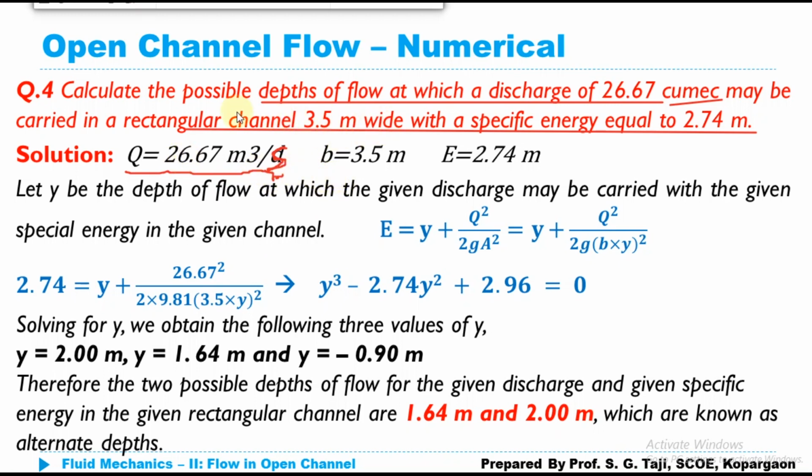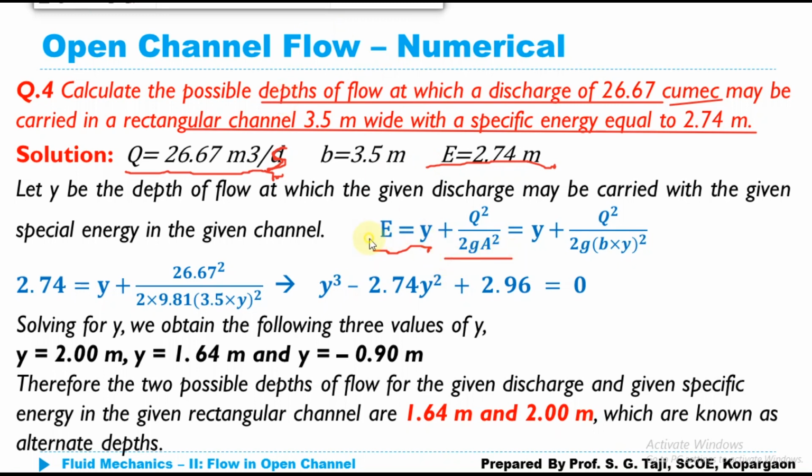So they asked to compute the possible depth of flow in the given channel, which has a width of 3.5 meter and a specific energy of 2.74 meter. I am going to consider the equation of specific energy, and we can compute the value of y using it. The equation of specific energy is E is equal to y plus q square upon 2g a square.